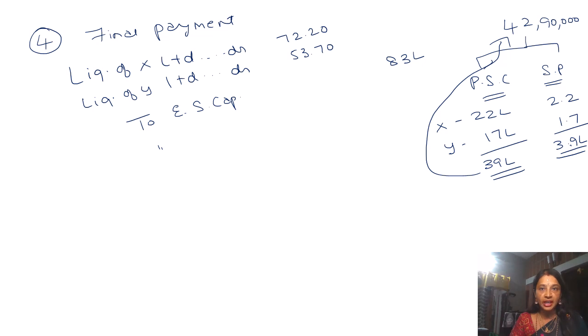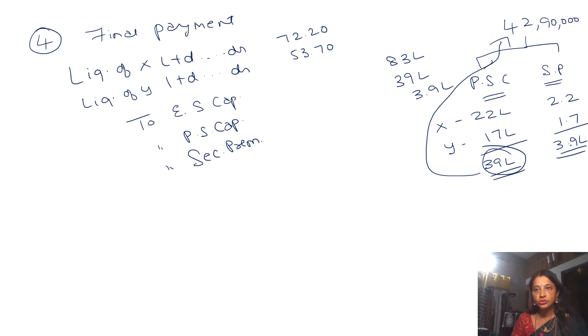So equity share capital 83 lakhs, then preference share capital 39 lakhs, to securities premium 3.9 lakhs. When you total these, it will come up to the business purchase. So that is the final payment made to shareholders.